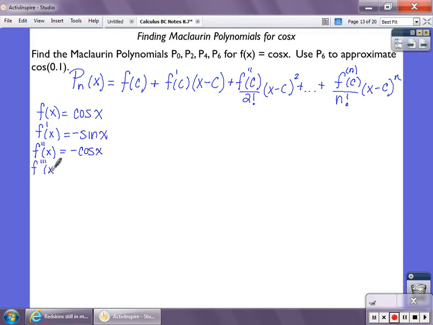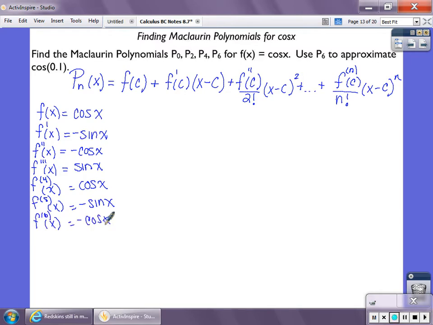The third derivative of x, this one is going to be sine of x. The fourth derivative is going to be the cosine of x. The fifth derivative is going to be negative sine of x. And then the sixth derivative of x is going to be negative cosine of x.